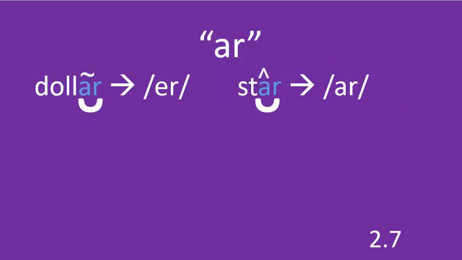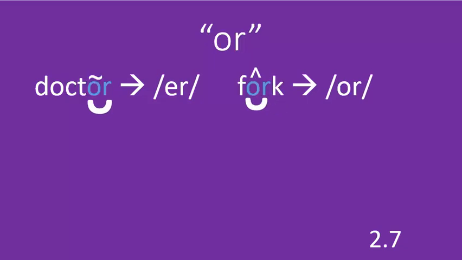The vowel R combination spelled AR is pronounced in an unaccented syllable like in dollar, and is pronounced like in star in an accented syllable. The vowel R combination OR in an unaccented syllable is pronounced like in doctor. In an accented syllable, it is pronounced or like in fork.